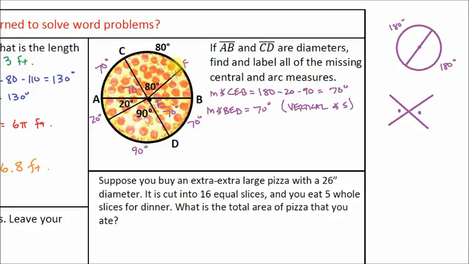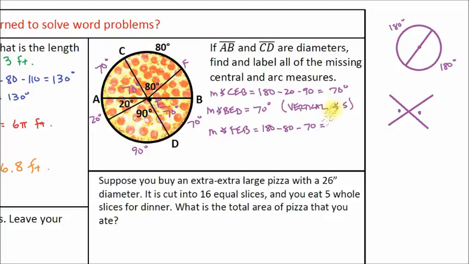And I've got one more. I want to know what angle FEB is. Well, if CD is a diameter, then these three angles right here on this side of CD have to add up to 180, and that means that the measure of angle FEB must be equal to 180 minus 80 minus 70.